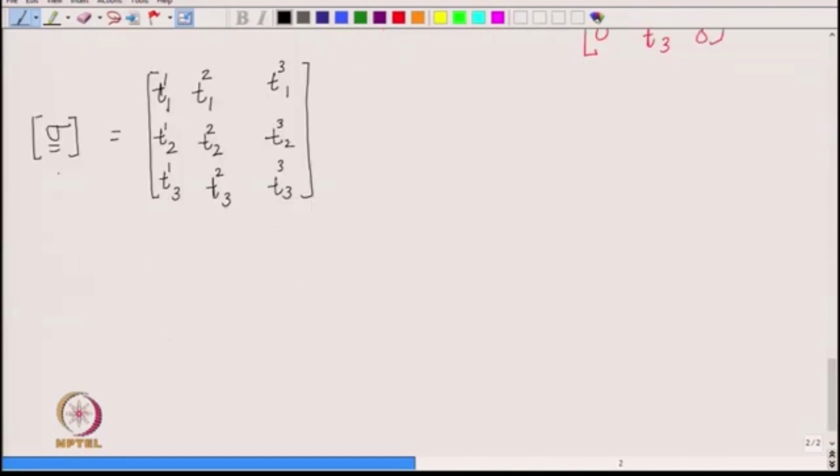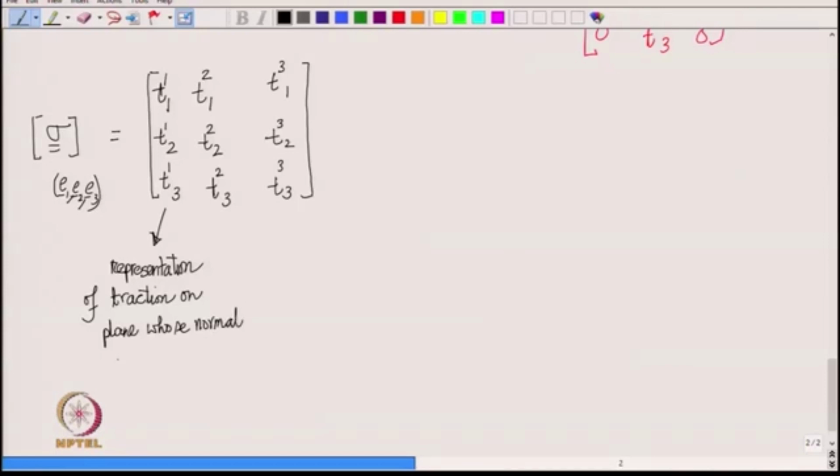If you want to write down the stress matrix in E1, E2, E3 coordinate system, then the first column has to be the representation of traction on the plane whose normal is the first coordinate axis, which is E1 in this case.